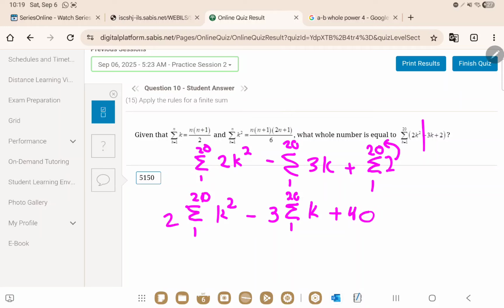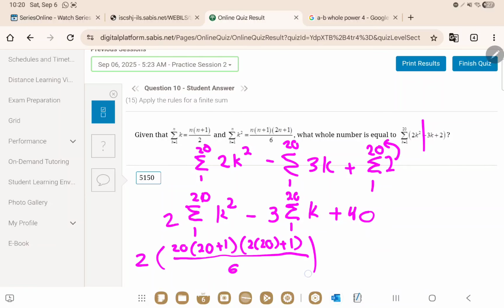Now we're gonna solve the exact same way we solved the last one. It is 2 into, our n is 20, so 20 into 20 plus 1 for the squared. They gave us the rules here, by the way. 20 plus 1 into 2 times 20 plus 1 over 6, minus 3 times 20 into 20 plus 1 all over 2, oh by the way it's minus this, plus 40.